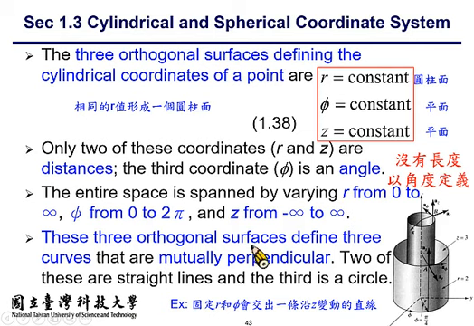The three orthogonal surfaces define three curves that are mutually perpendicular. So any two of them are straight lines, and the third is a circle. If you specify two of the three coordinates, you will end up with one line.